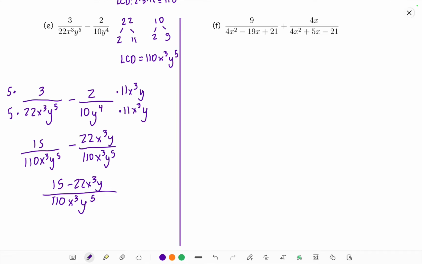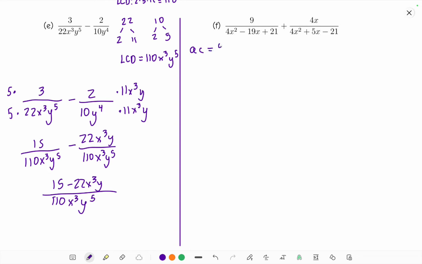These ones I can't just factor with guess and check like I was doing before, because the leading coefficient is not 1. So we have 9 over 4x squared minus 19x plus 21 plus 4x over 4x squared plus 5x minus 21. I'm going to start out with 4x squared minus 19x plus 21 using the AC method.